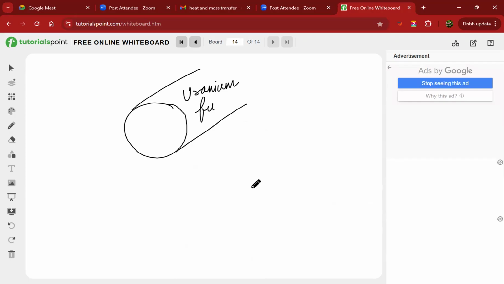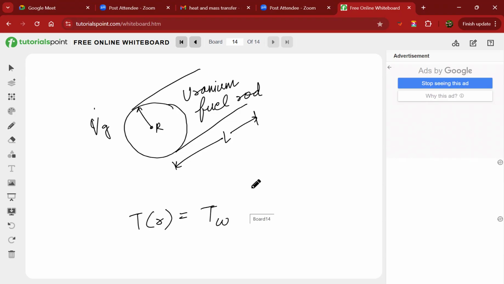This case is very important, and there is a very high chance of it coming in your exam, so look at it carefully. The uranium fuel rod has a length L and a radius R. Across it we have an internal heat generation Qg. So across this, the temperature variation is taking place as Tw plus Qg by 4k into capital R square minus small r square.